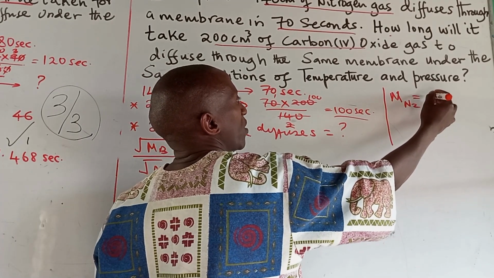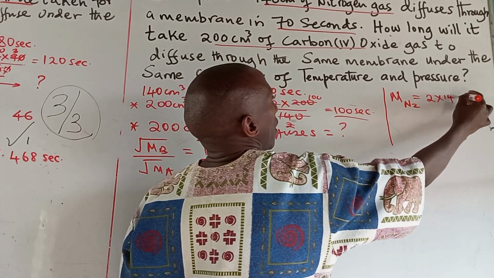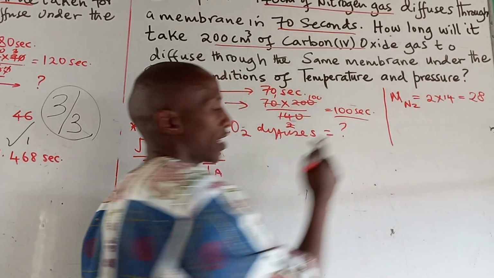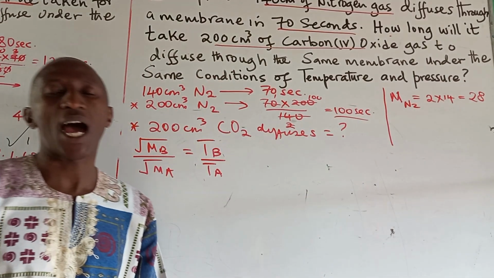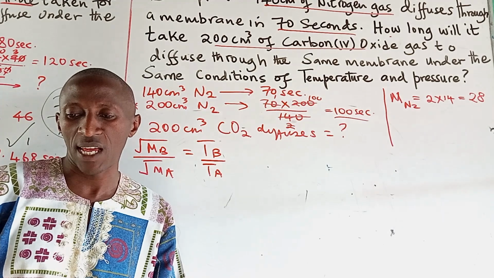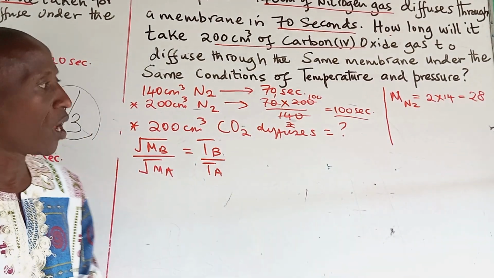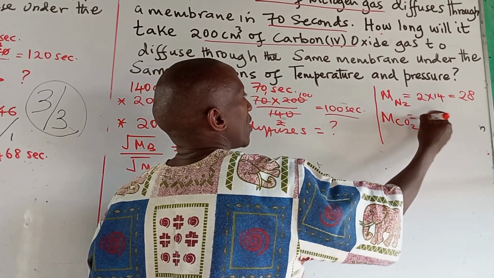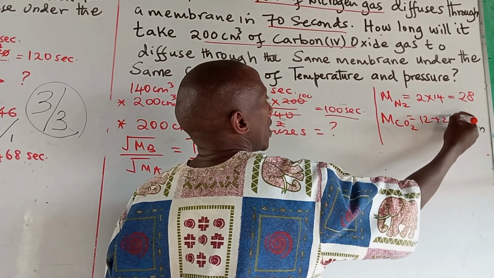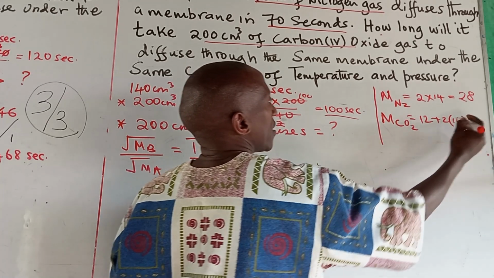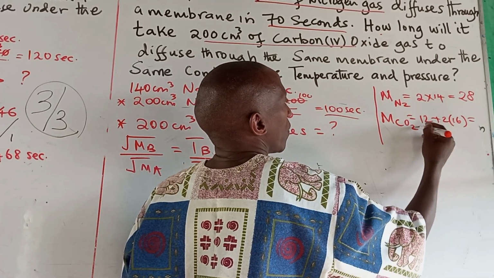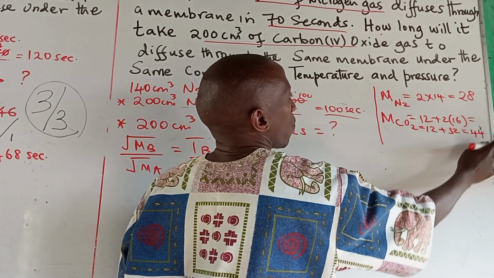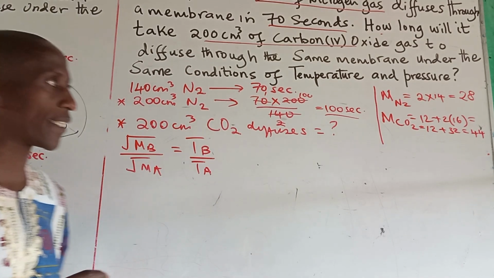The molecular mass of nitrogen is 2 times 14, and that gives us 28. Those RAMs will always be provided at the end of the question. What about the molecular mass of CO2? It is 12 for carbon and twice 16 for the 2 oxygens, that is 12 plus 32, which gives you 44.